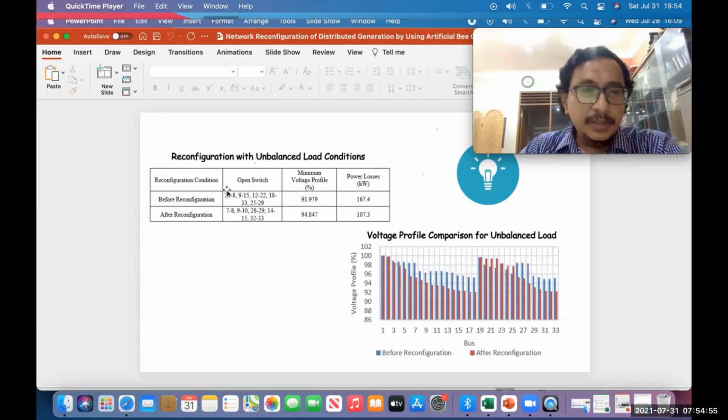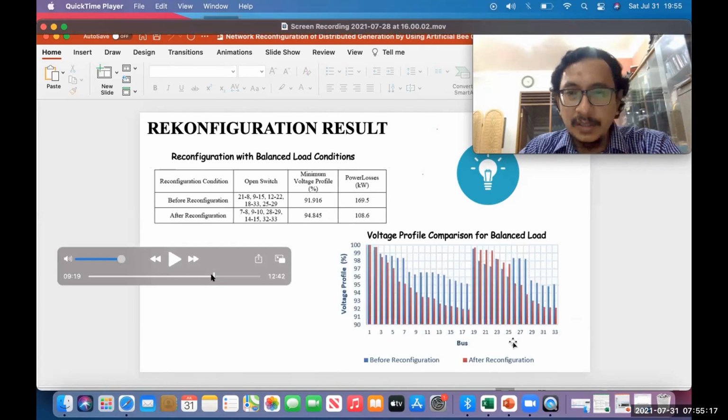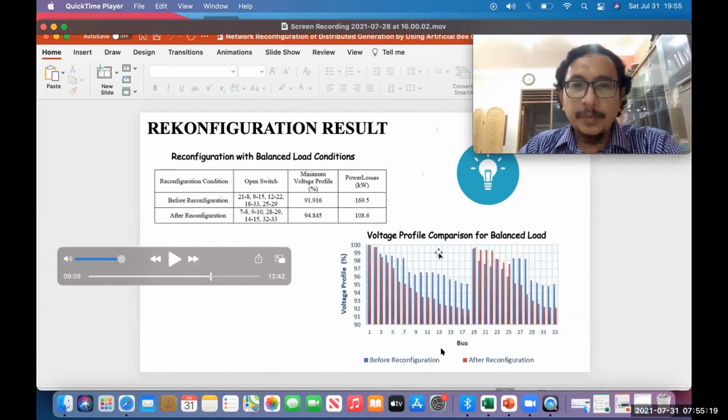And for the graph, for the result, this is only for phase A. As we know, unbalanced load has three phases, A, B, and C. This is for unbalanced load, and before this slide, this is for the balanced load, sir.